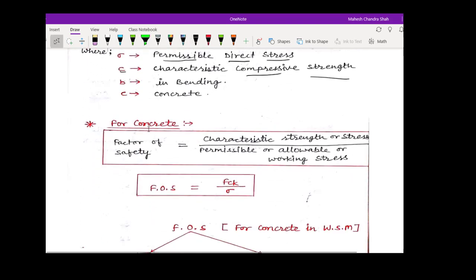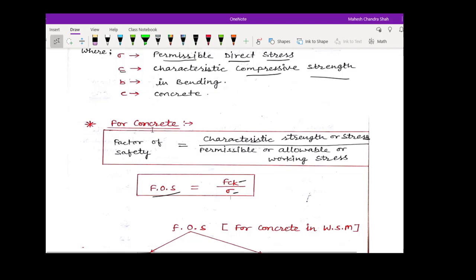For concrete we use a factor of safety. For all other materials we use a factor of safety, but for concrete the factor of safety is taken as the ratio of characteristic strength to the permissible or allowable or working stress. So the term FOS is fck by sigma.